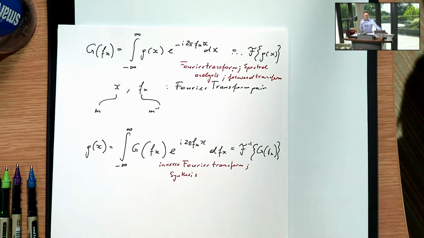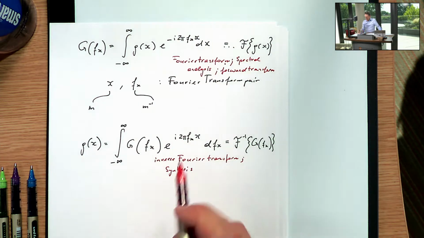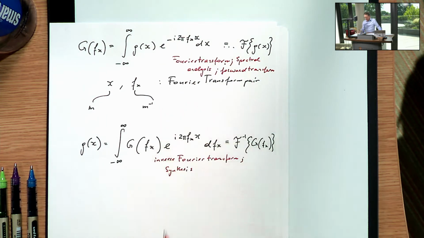All these terminologies you will hear and you will use, and they make kind of sense. You perform a forward transform to get this frequency content. You take an inverse transform to get the real space content, and of course, since we are dealing with intensities, the sign here doesn't really matter very much.